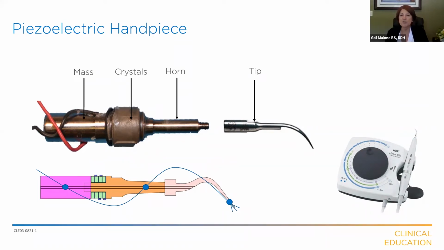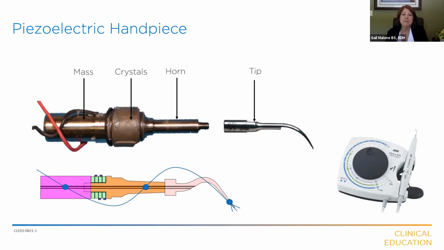The mass portion allows the energy to move forward towards the tip instead of going in two directions, meaning backward and forward. So the mass essentially forces the energy towards the tip, and then the horn is actually, again, an acoustic amplifier similar to what we have with a connecting body in a magnetostrictive insert. And that directs the energy towards the tip.